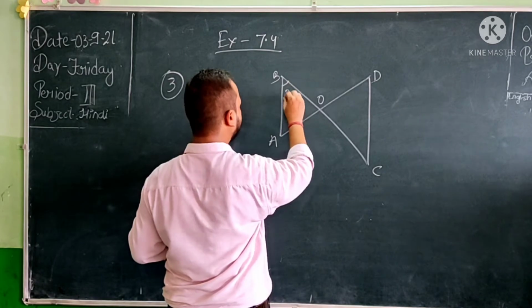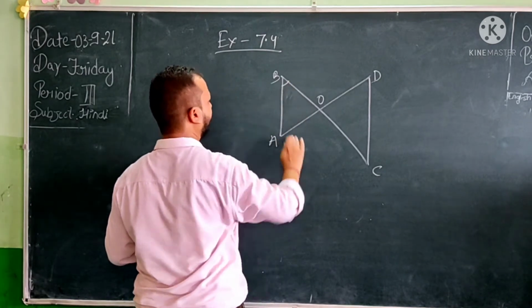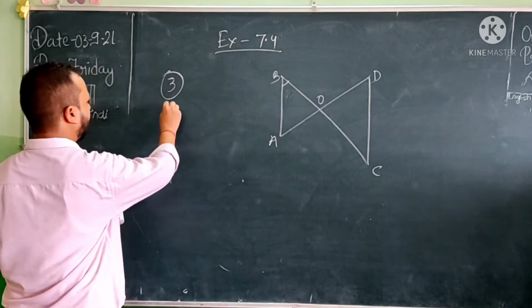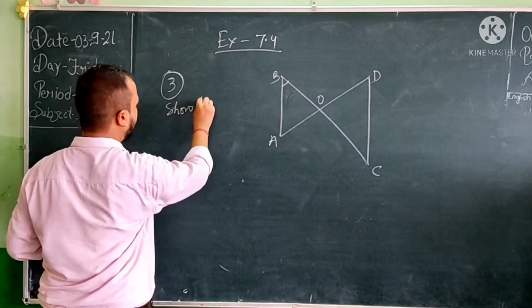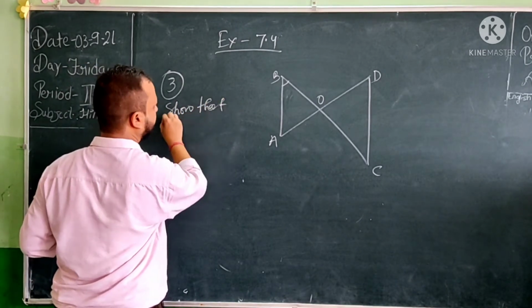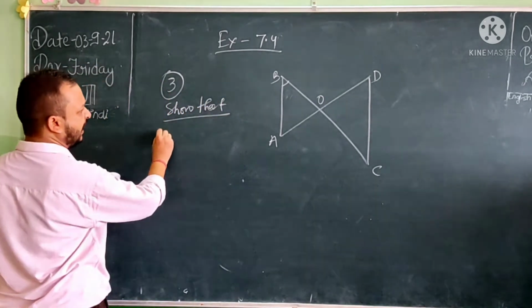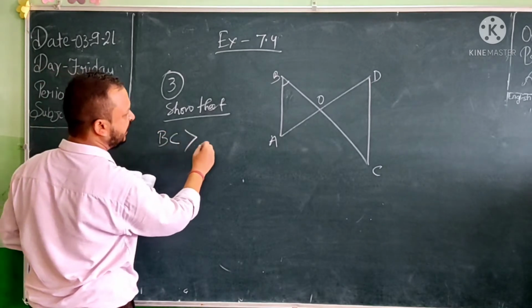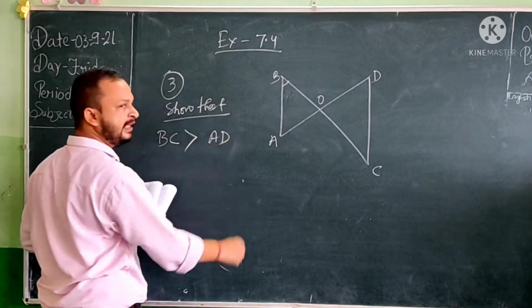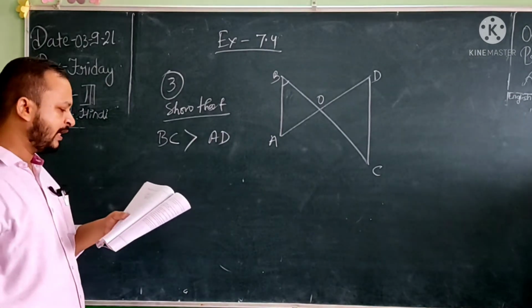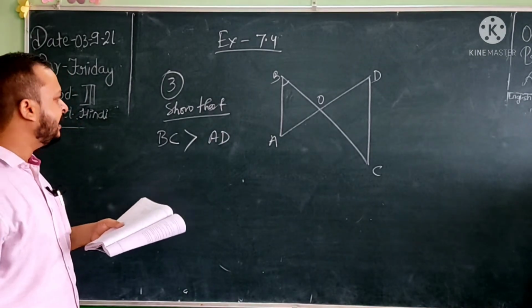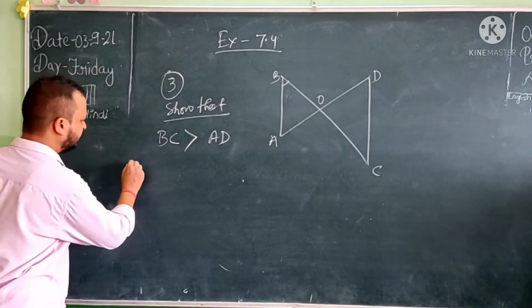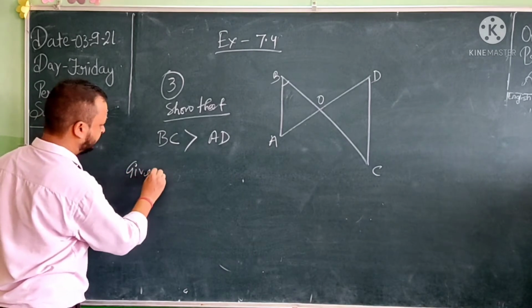This is D. Okay. Now what we have to show? We have to show that BC is greater than AD. Yes sir. We have to show that BC is greater than AD, and it is given. What is given?